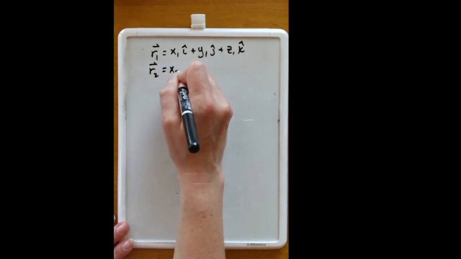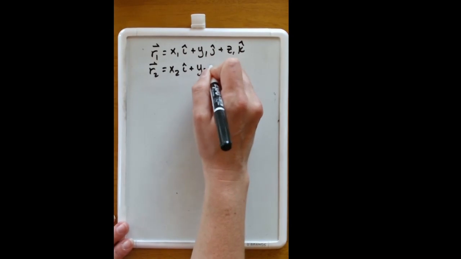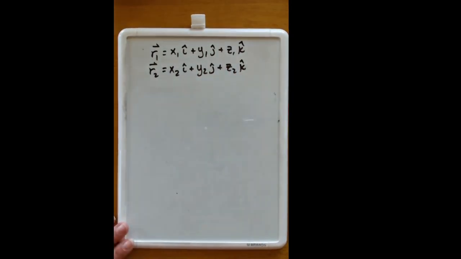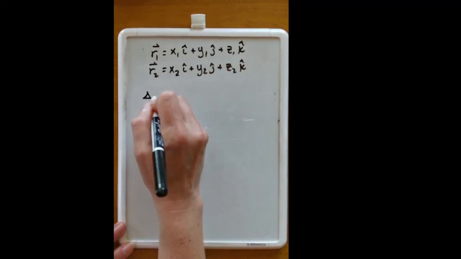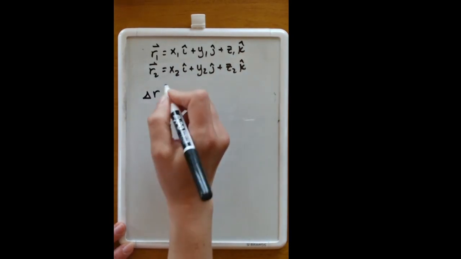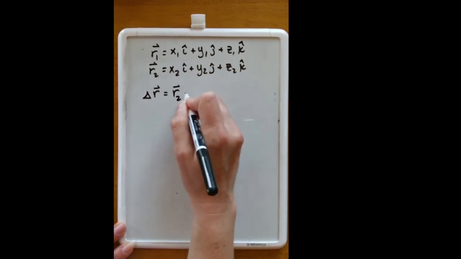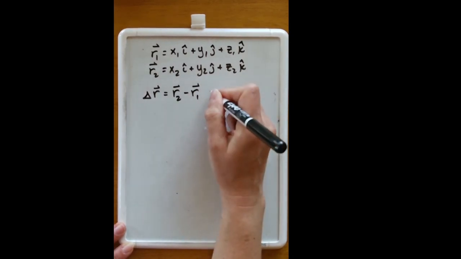It'll be x2 i hat plus y2 j hat plus z2 k hat. Now the displacement is going to be the change in r, which is going to be r2, these are vectors, minus r1 vector. Okay, so this is displacement.